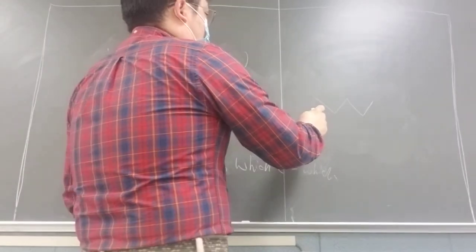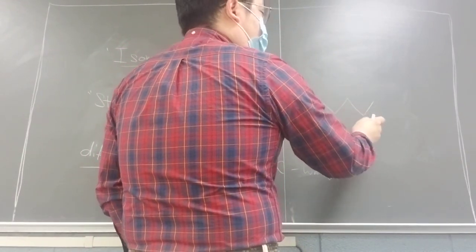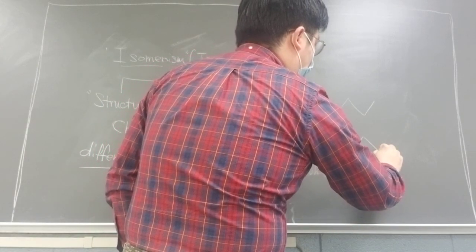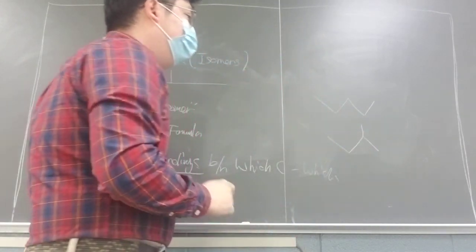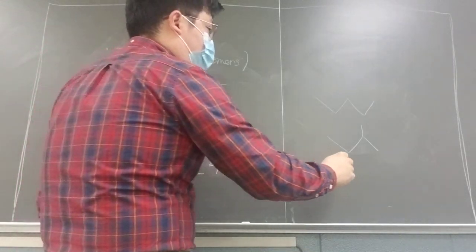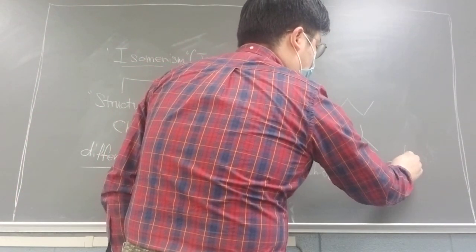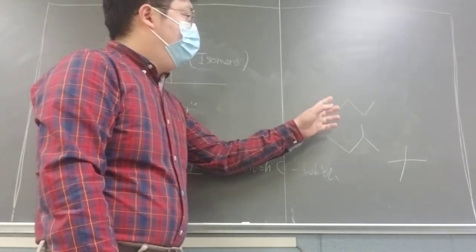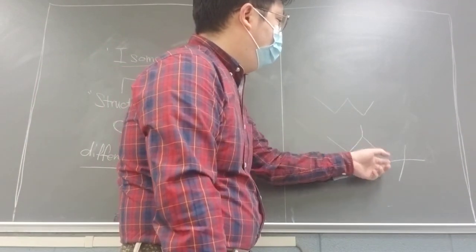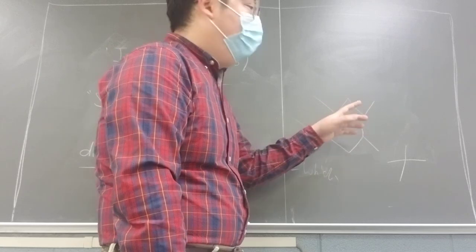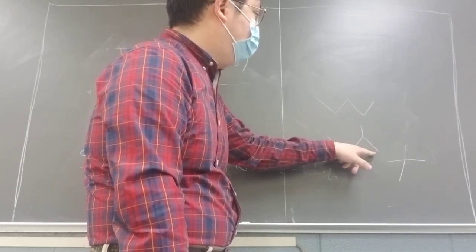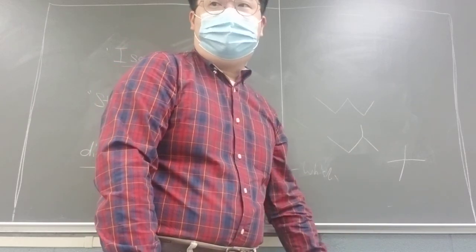Anyway, if you have something like this one, you can have this one too, and you can have this one. The thing is they're all made of 5 carbons, and if you count the hydrogens on each carbon, they're all the same too.